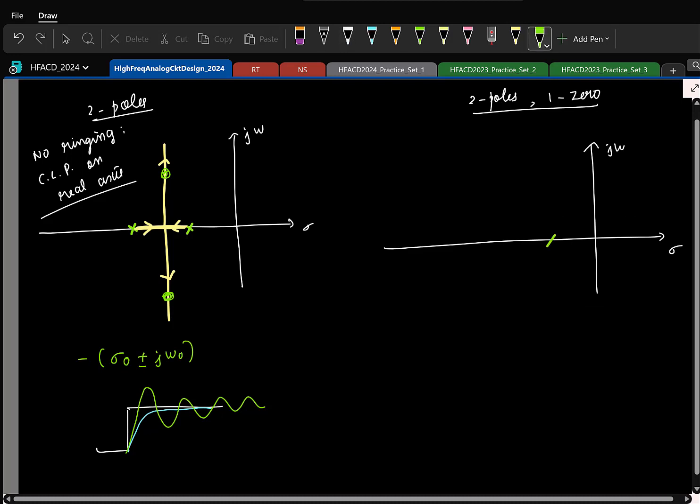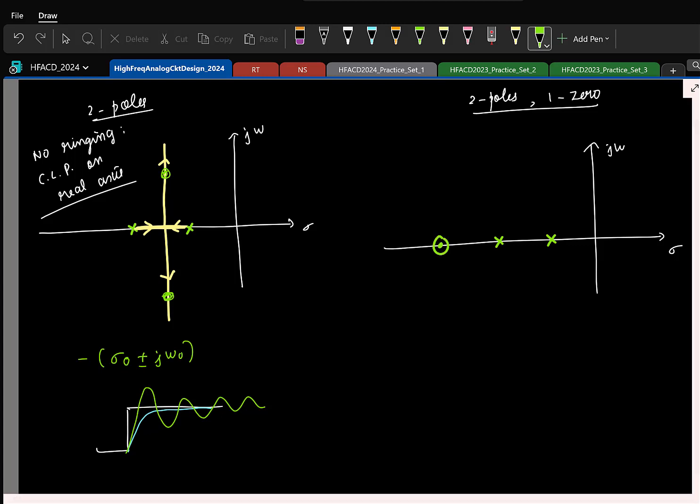So I'll take again two poles and a zero. Once again it will start from open loop poles and end at open loop zeros. So one of the poles will definitely terminate here and the other should go to infinity. We'll figure out the real axis portion. Can I have something here? We have an odd number of poles and zeros, I can't have anything here.